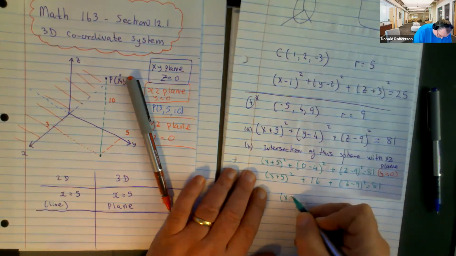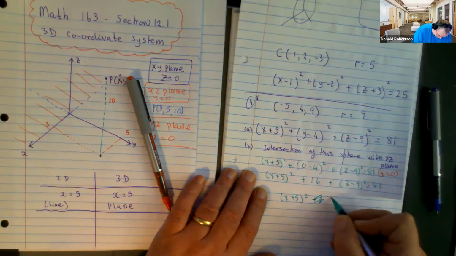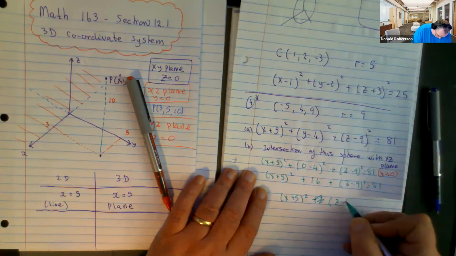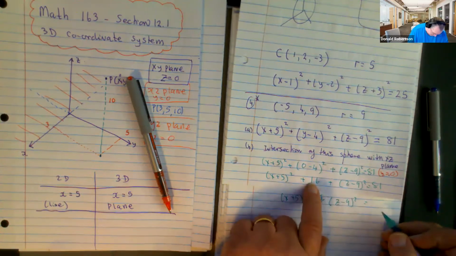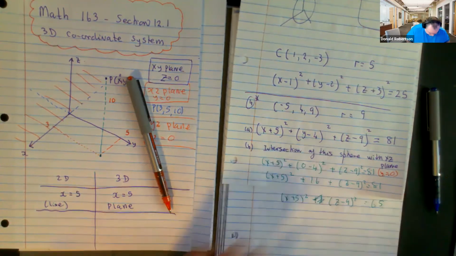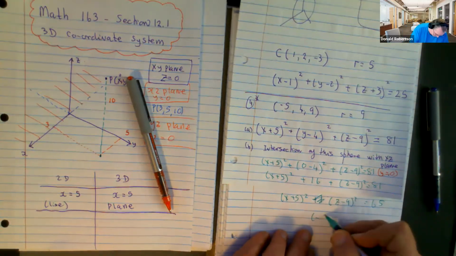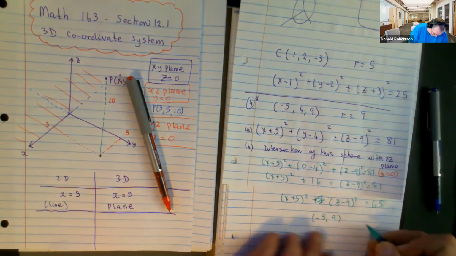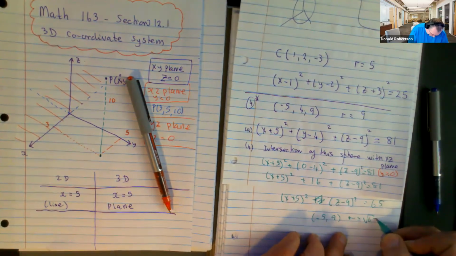And I get that guy squared plus this guy squared equals 65. So wouldn't you get a circle on the wall with center (-5, 9), and the radius would be the rather ugly square root of 65?